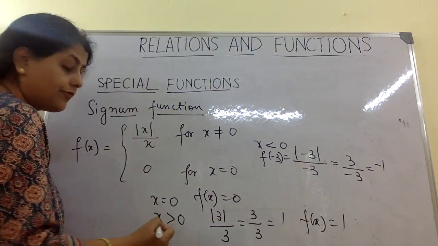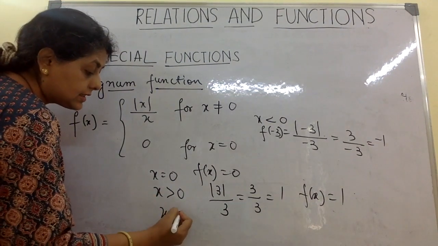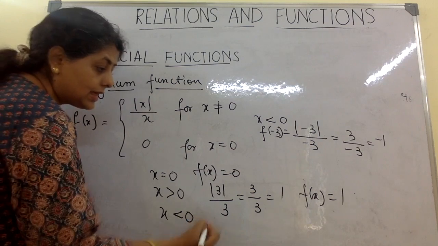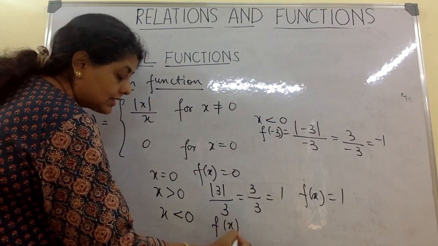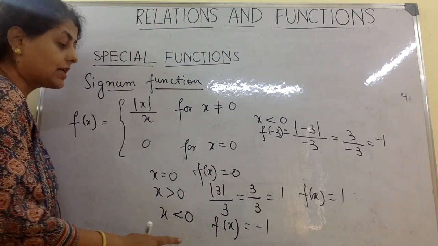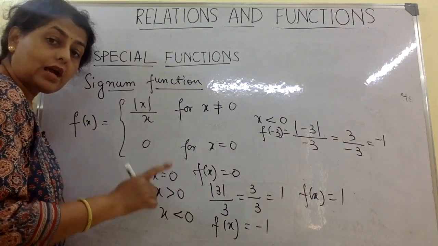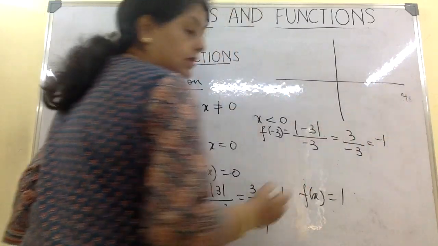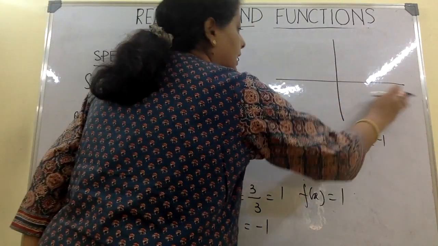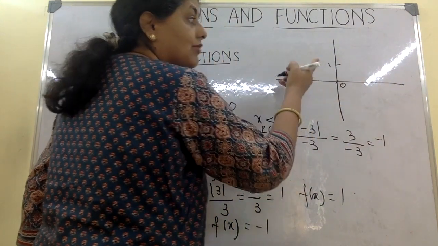So if x is less than 0, then f(x) is equal to minus 1. Let me draw the graph for this. This is the x and y axis, and here we have the origin. This is 1 on the y axis.